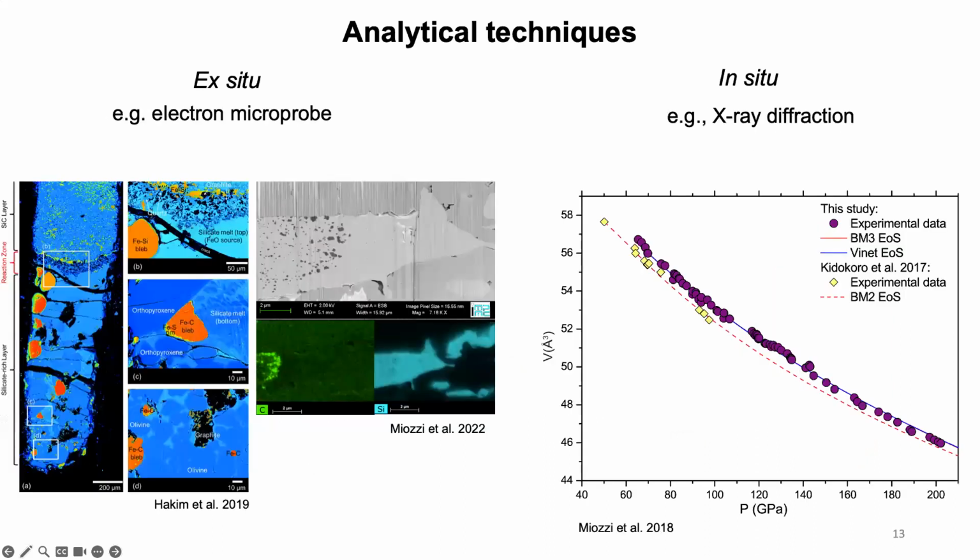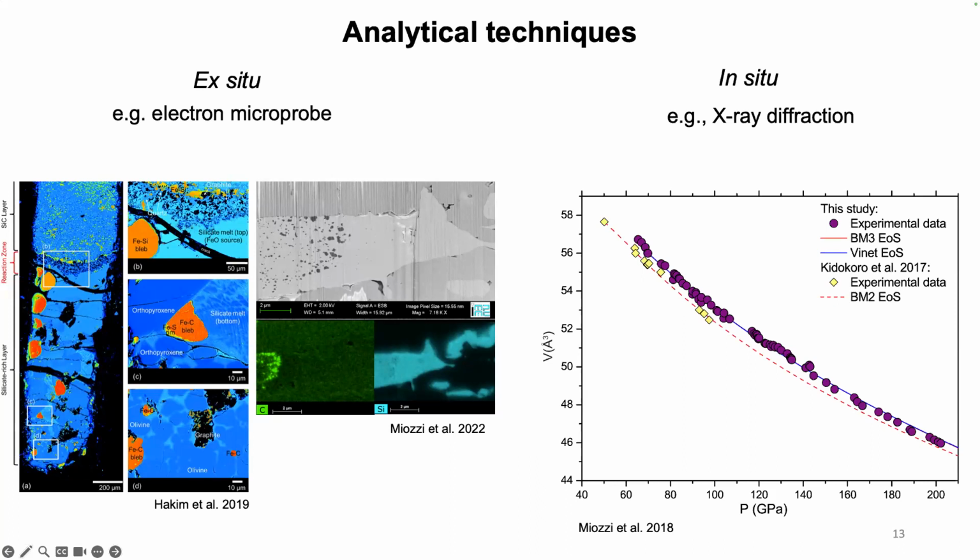The idea is that with ex situ experiments, for example, with electron microscopy, we get information about which phases are stable, so how the elements divide into mineralogical phases. And we can do it for large volume experiments like this one, or we can do it for diamond anvil cell experiments. This is an experiment recovered from like 200 GPa.